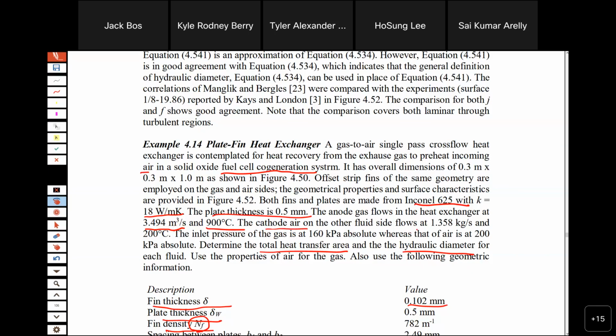And then air is 1.3 and 200. Well, this is exactly the government provided for fuel cell research project.